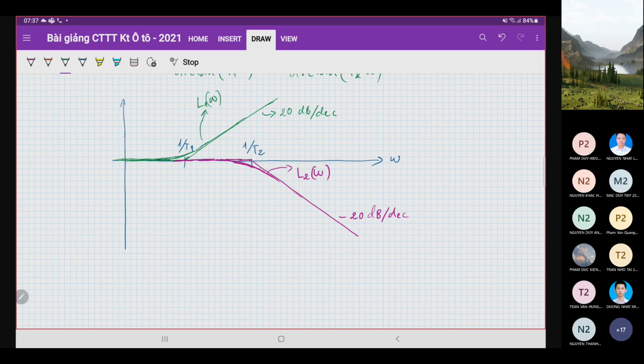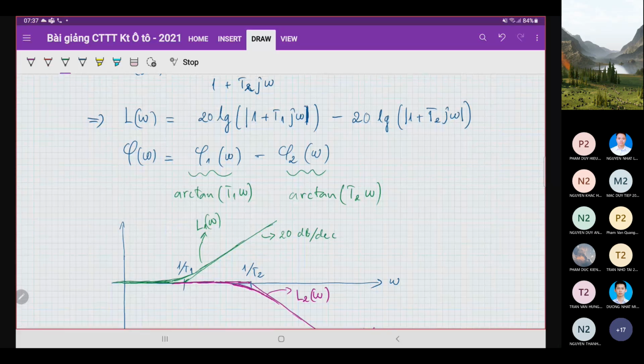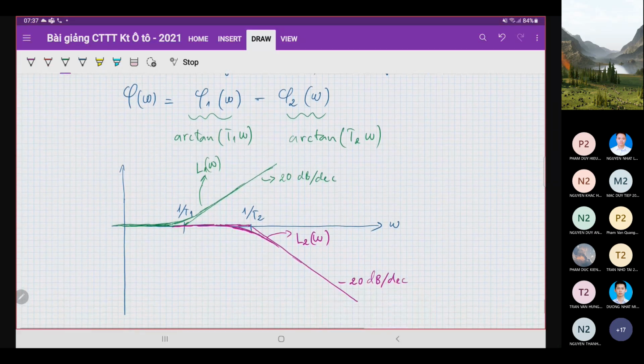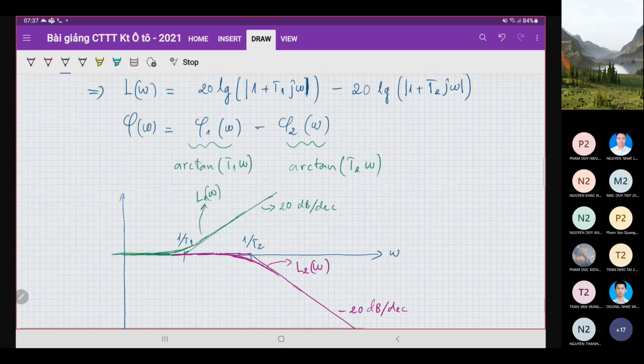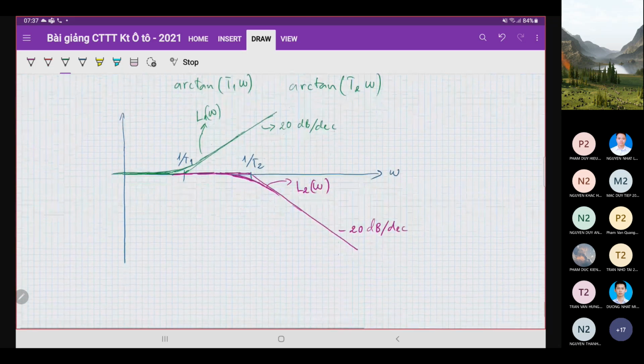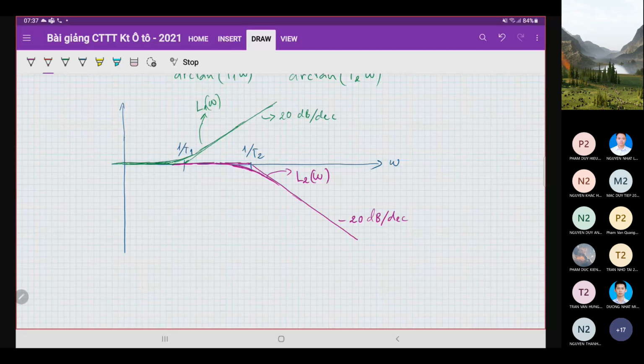Then we also combine these two diagrams into one. Then the final one goes like this. The first stage goes like this, and then the second stage goes like this, right?